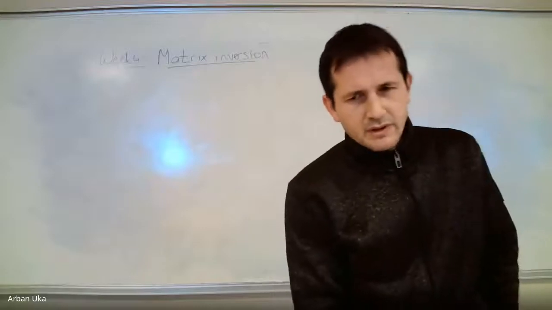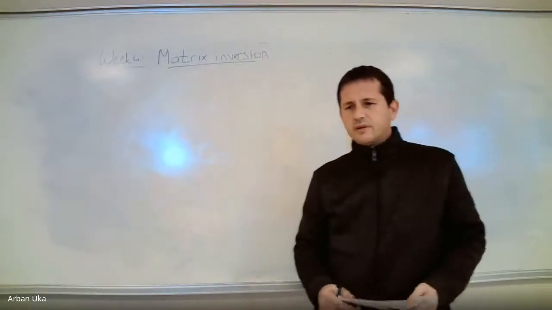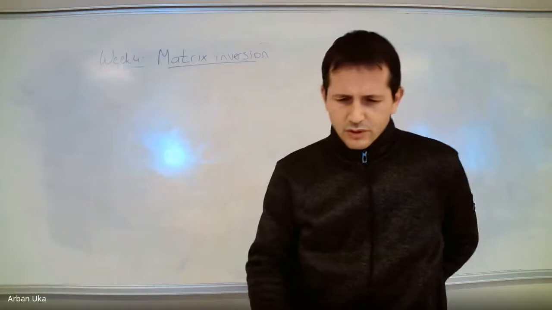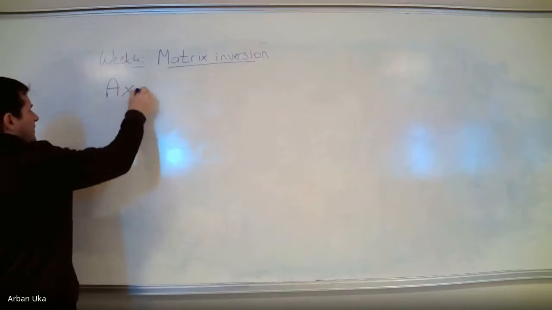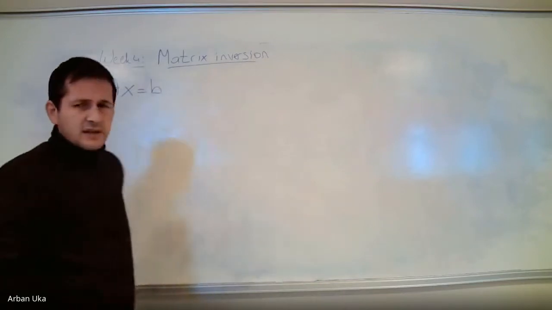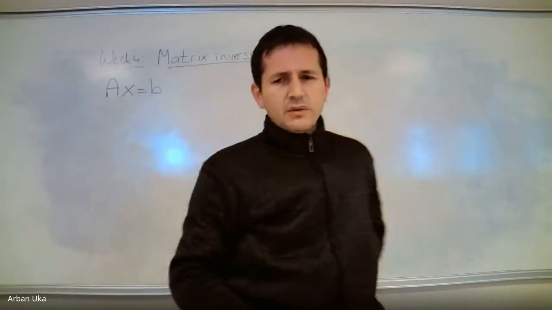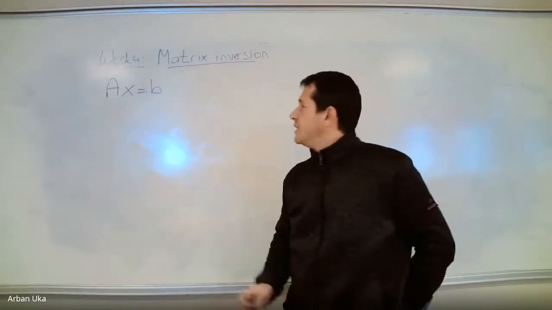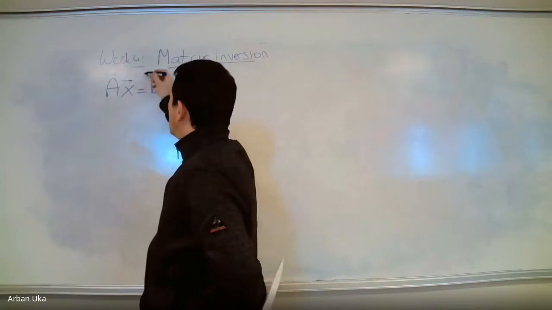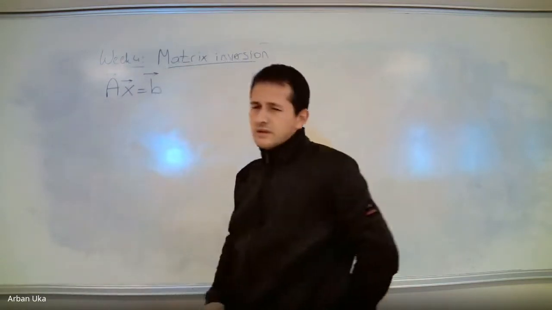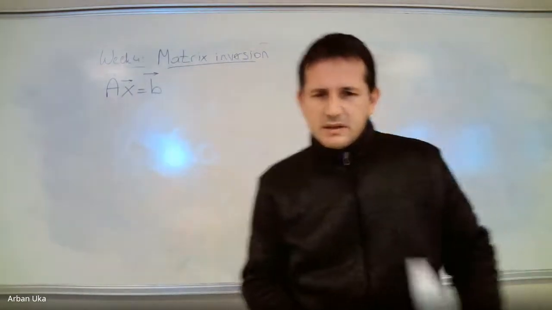Okay, so far we've talked about how to solve a system that looks like this, where we have Ax equals b. When we were trying to solve the system, A was the coefficient matrix, x was the unknown, and b was the answer vector.